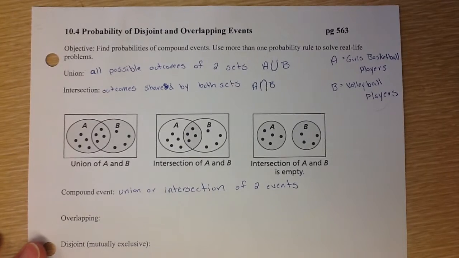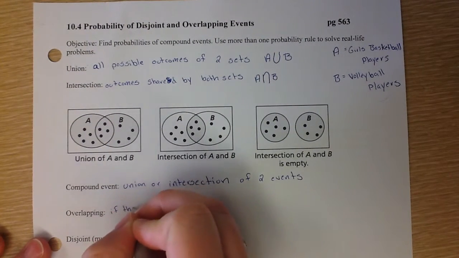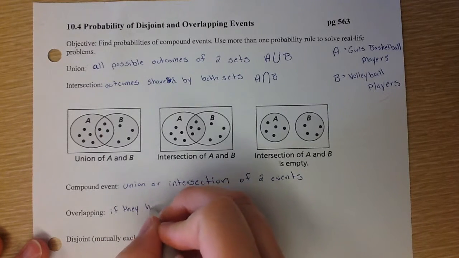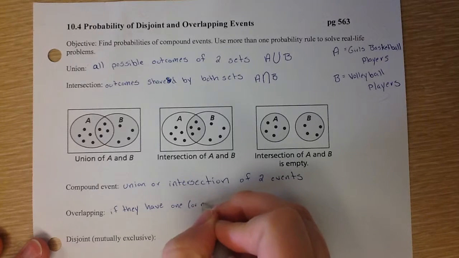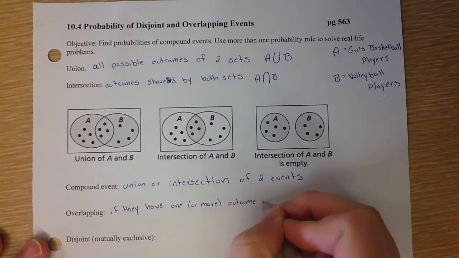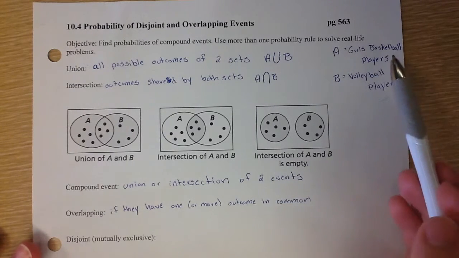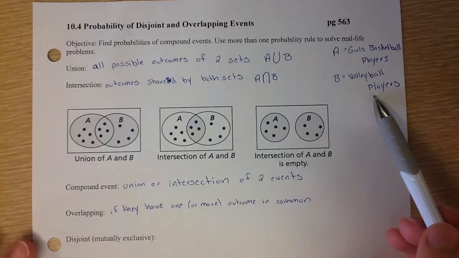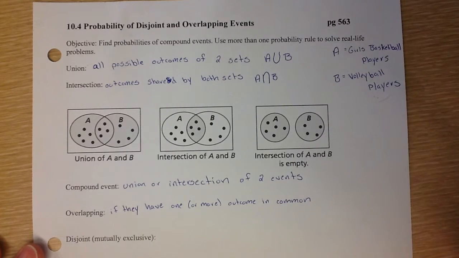Okay. We call two events overlapping if they have one or more outcomes in common. So the girls basketball team and the girls volleyball team will be overlapping if there's at least one girl who plays on both teams.